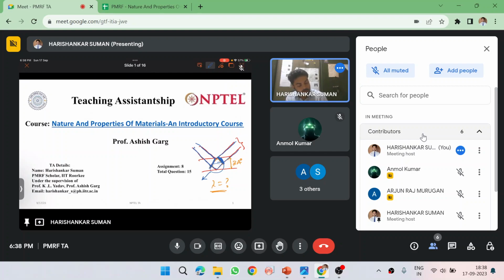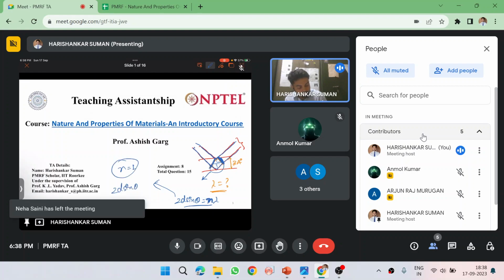What is it? 2d sin theta, I think 2d sin theta. So what is the minimum criteria for lambda here? Let's find the minimum value of this equation. How can we find? N should be 1, minimum: 2d sin theta equals lambda, and d is 3 angstrom.